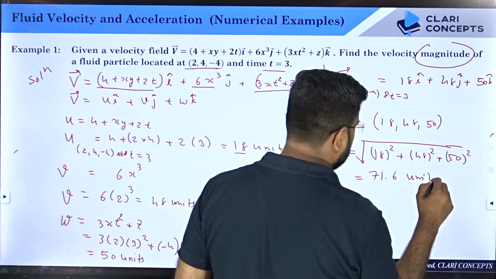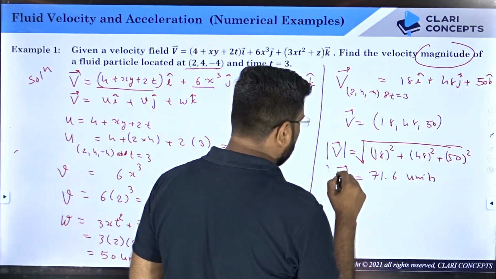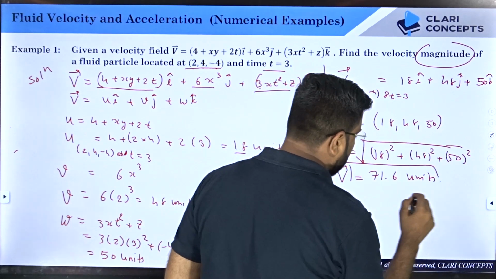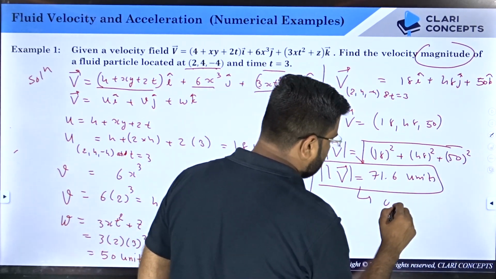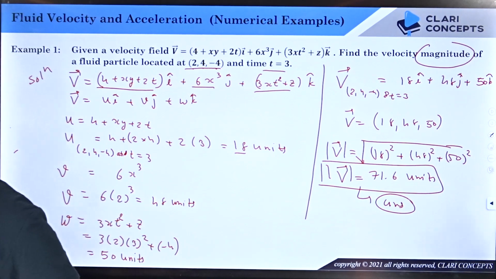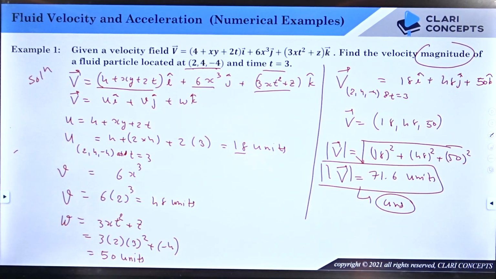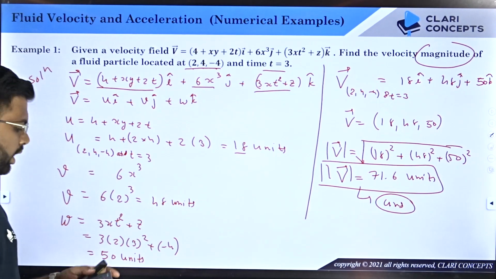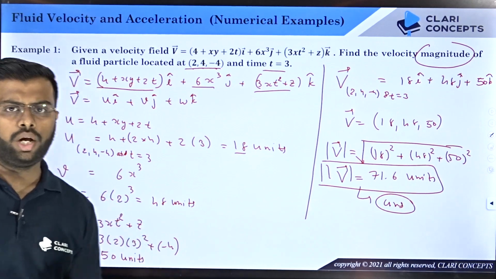This is the answer. So the magnitude of velocity at a given point and at a given time is this answer. Clear? Let me check the answer. I think the answer is correct. Okay, so I hope you understood how to solve this numerical.